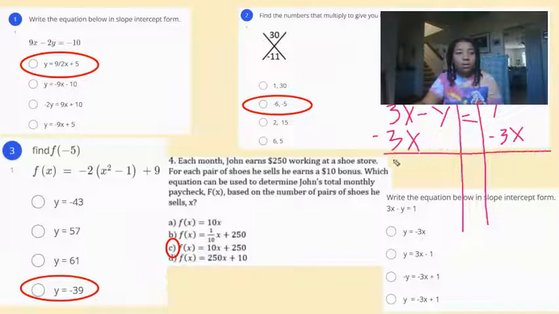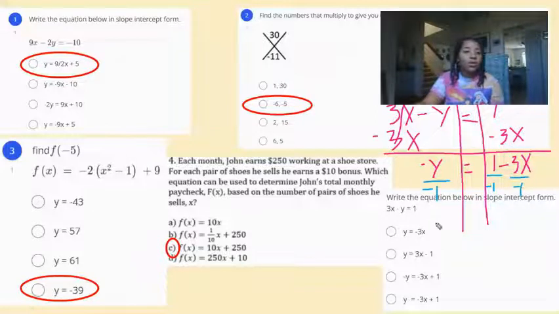We'll cross this out. Then we have negative y equals 1 minus 3x. Now this is the tricky part because we have a negative y. So we're going to have to divide each of these sides by -1 to make this positive. So we've got to divide everything by -1.